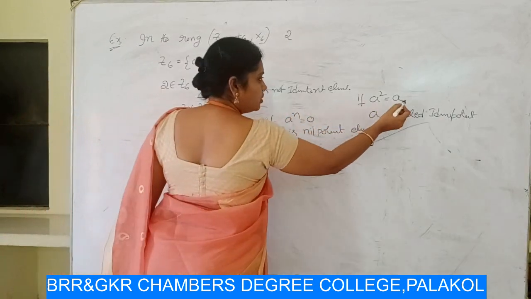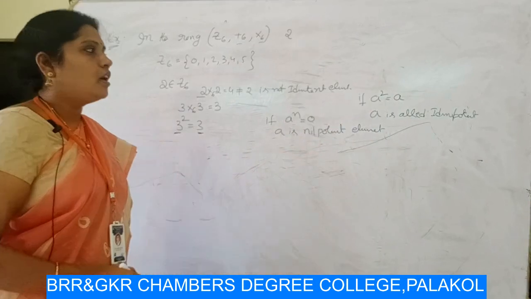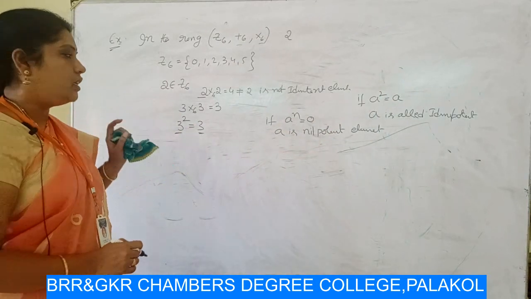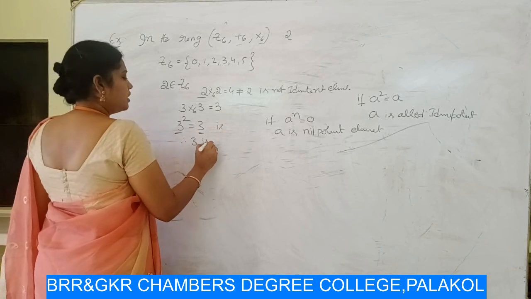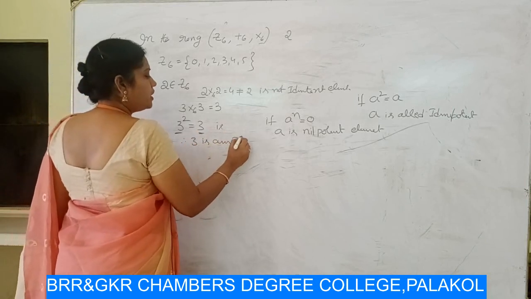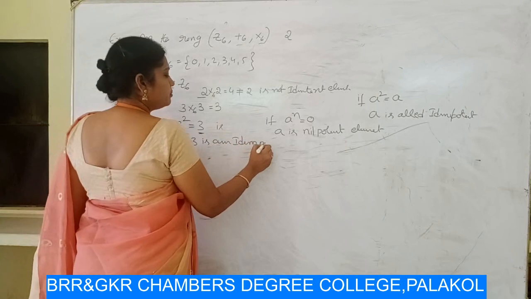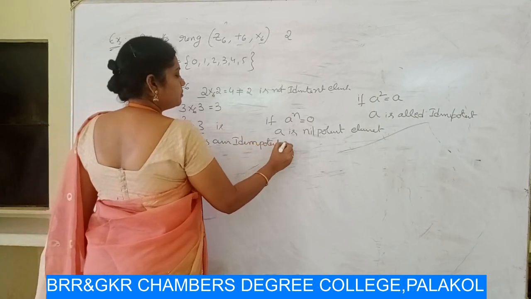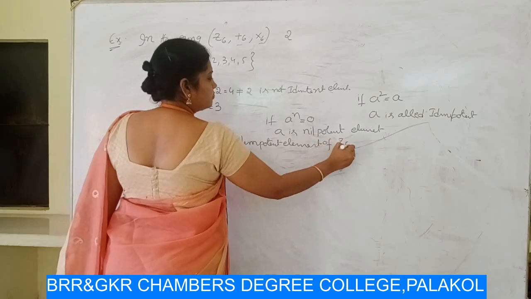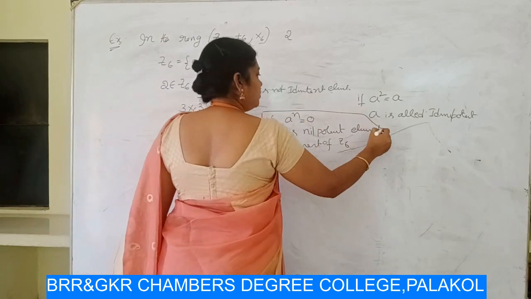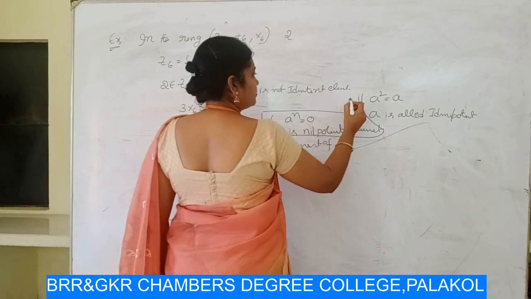So if A square is equal to A, then A is called an idempotent element of the ring. Therefore 3 is an idempotent element of Z6.